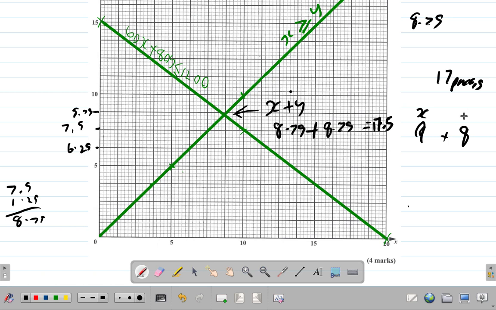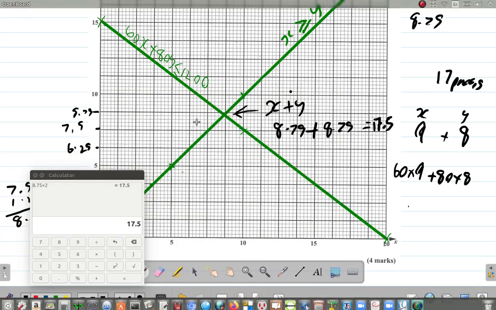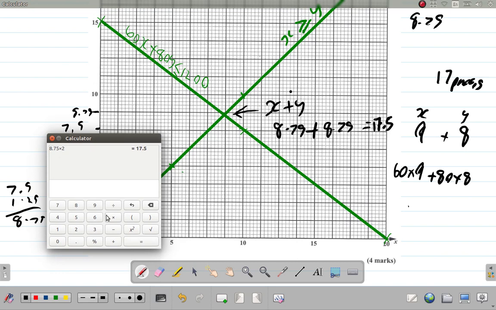If they buy 9x and 8y, the money would be 60 times 9 plus 80 times 8. Remember, in our exam I just write down the 17 and move on, but we'll play around with it. That would be 1180. Alright, good, no problem.